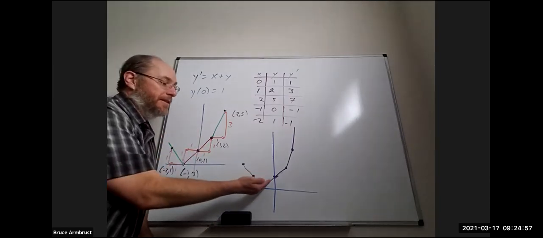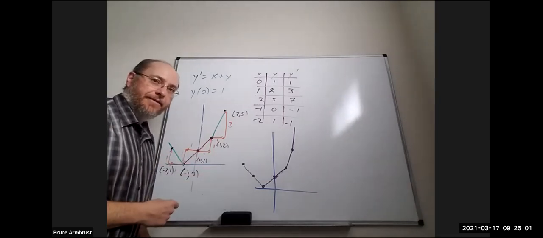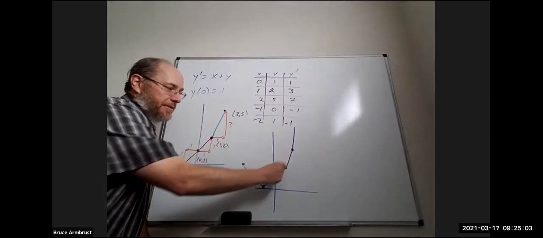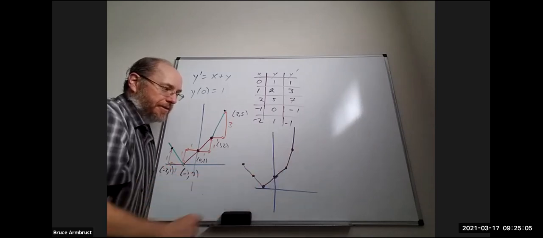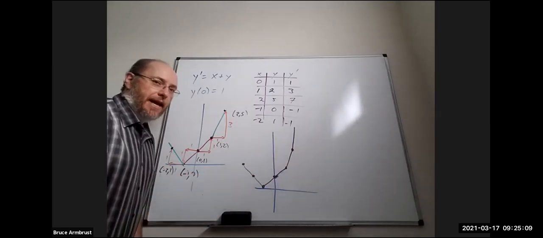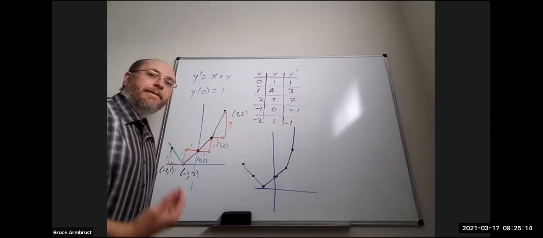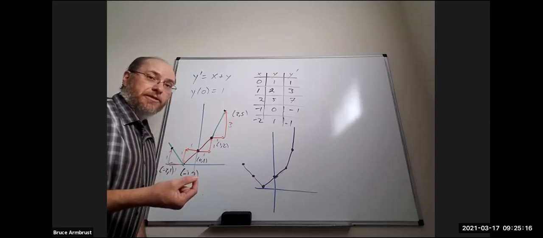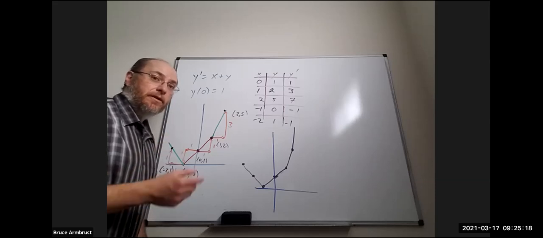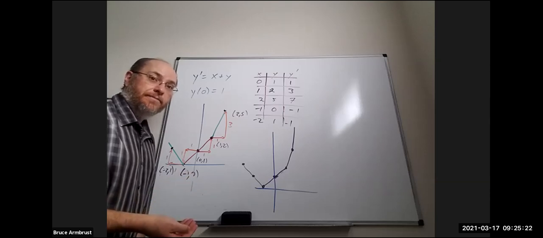So instead of doing things that are length 1, what if we went length 1/2? That would give us smaller line segments, shorter line segments that would then better fit it. All right, well, 1/2, well, what if we make it 0.1? What if we made it 0.01? And the smaller we make those steps, the closer that approximation is going to be to our actual solution.